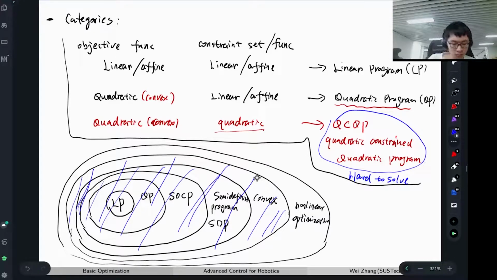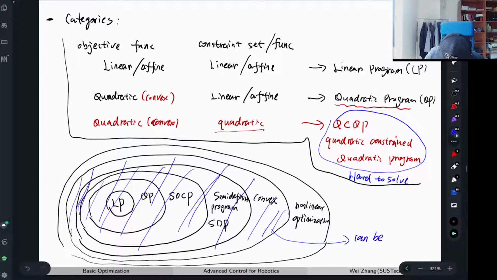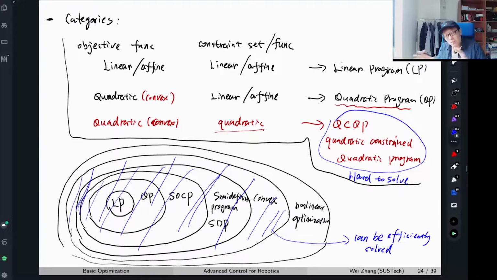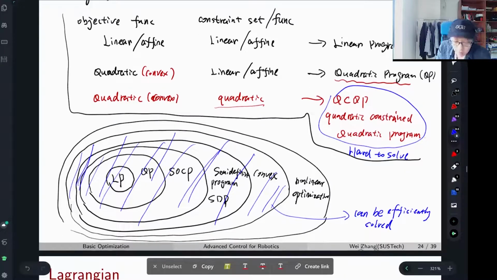This can be efficiently solved. This is convex, this can be efficiently solved. Especially QPs can be solved really fast nowadays. Convex optimization problems can be solved instantaneously or in real time in general. But nonlinear or non-convex problems are hard to solve in general.